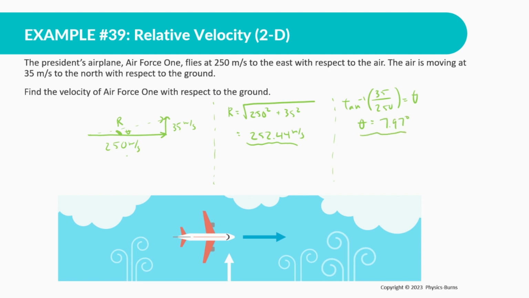Okay. And luckily, this time, this angle here is from the 0 point. So it's from the 0 angle. So that's our answer right there. Our resultant vector and our velocity is 252.44 meters per second at 7.97 degrees.